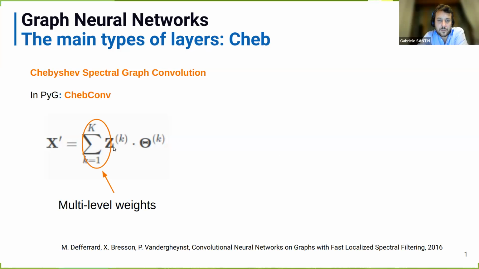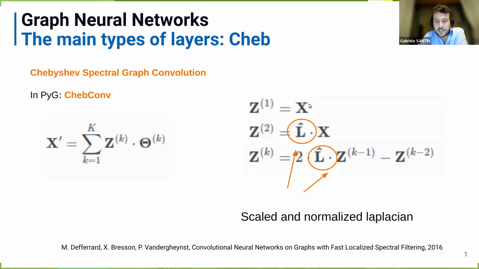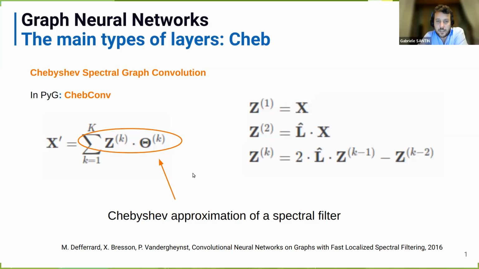The weighting of the features is obtained by starting from the initial features and then doing a number of weightings via some Chebyshev polynomial depending on the scaled and normalized Laplacian matrix. This again provides you with a Chebyshev approximation of a spectral filter on the graph. If you are interested in the details, these are very well described in the paper that introduced this idea.